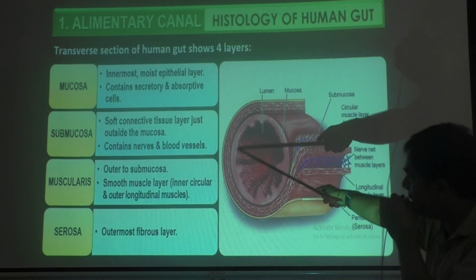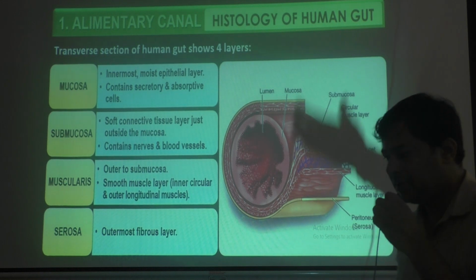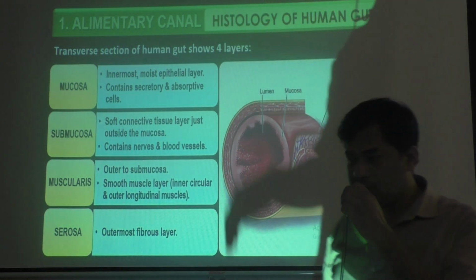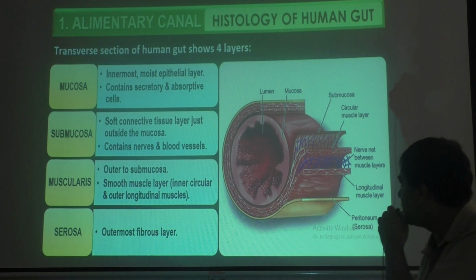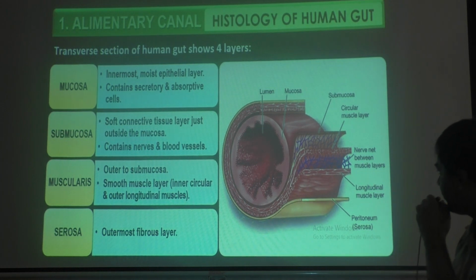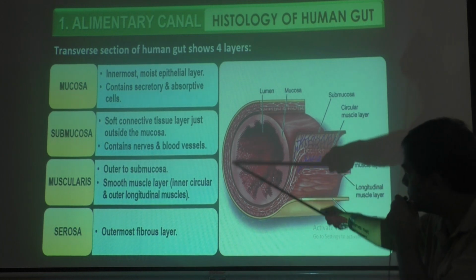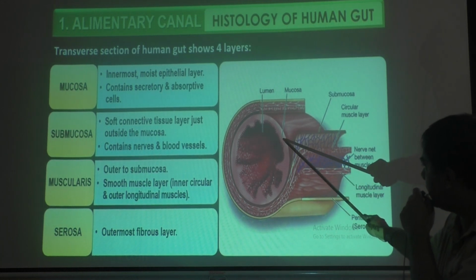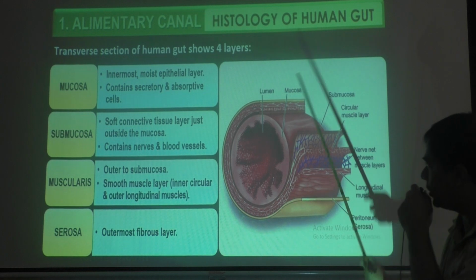So if it is a tube, what is the innermost layer? That innermost layer is called mucosa. They have labeled it here: mucosa, innermost layer.